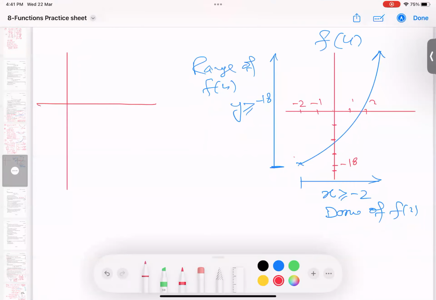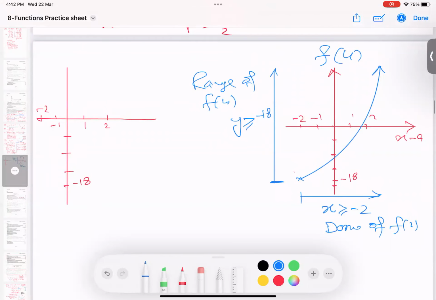Have a look very carefully. -1, -2, and y 10, 15, 20. This -18 is somewhere here. And I'm again drawing here 1, here 2. This is the x-axis, students. This is the y-axis, you know it. Now, for your knowledge, I tell you one thing. This is called f inverse of x.